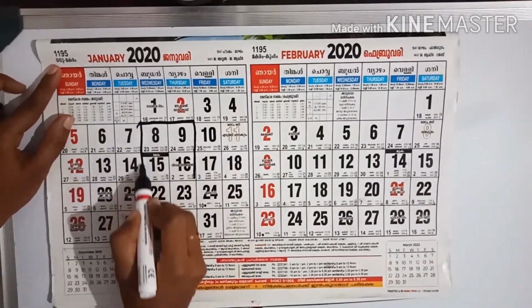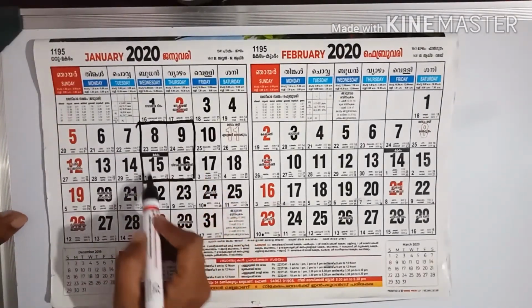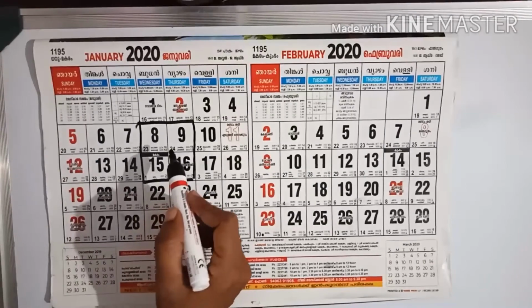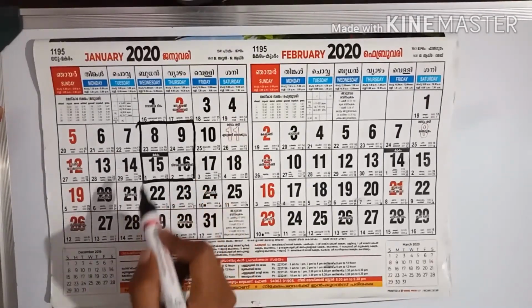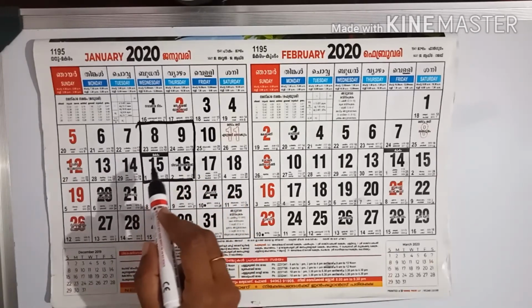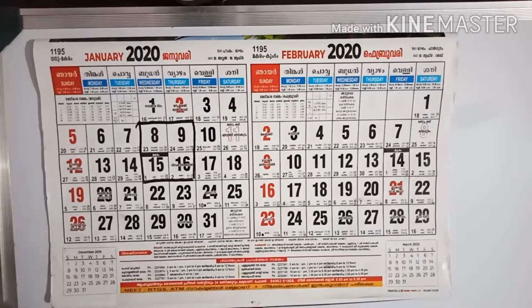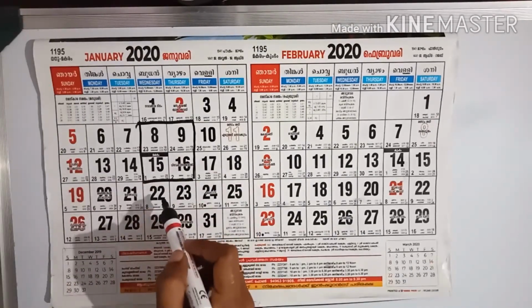If I am marking like this, 8, 9, 15, 16, I consider these 4 numbers, and here it is given that the sum of these numbers equals 80. 8 plus 9 plus 15 plus 16. That sum is given as 80. Then what are the numbers? That is the question. I just showed an example here.